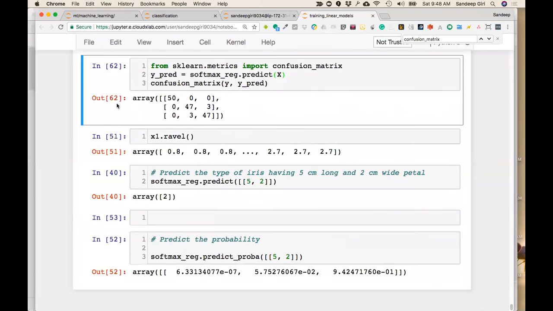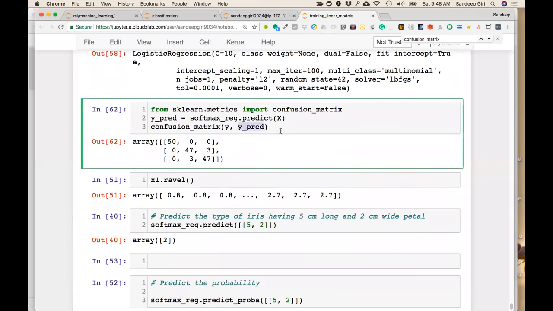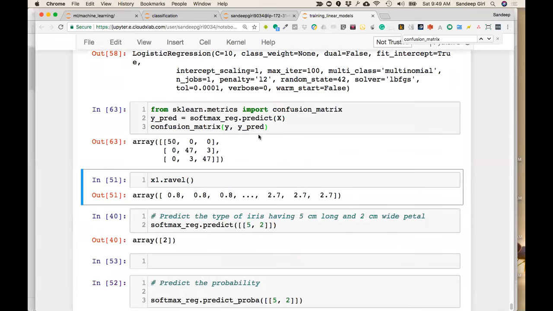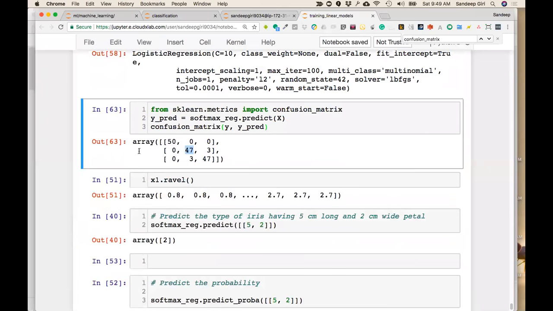Although it's not the right way to do it because we are just doing the predictions on the training data set. Now it looks better, right? So we are saying that 47 of class 2 are predicted as 2, while 3 instances of Virginica are being predicted as versicolor, right? So rest of it looks good.